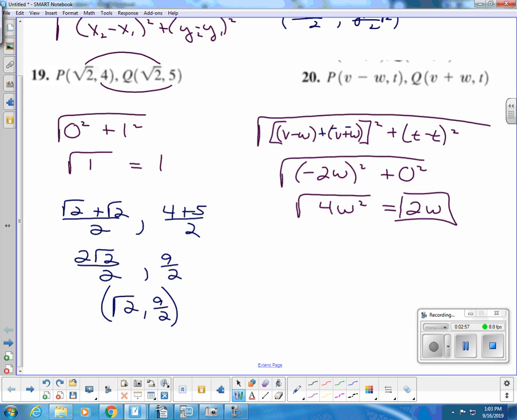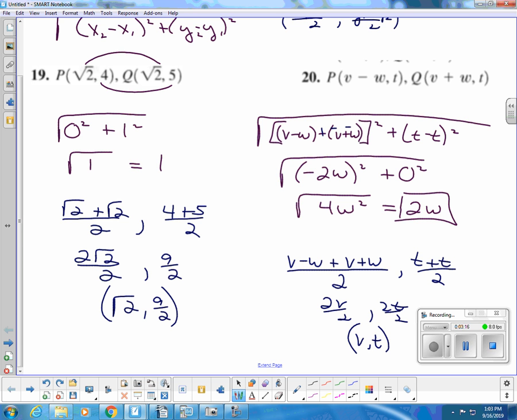All right. Midpoint, we are adding the 2 x's. We're adding the 2 y's. So that's 2v over 2, 2t over 2. (v, t) is your midpoint.